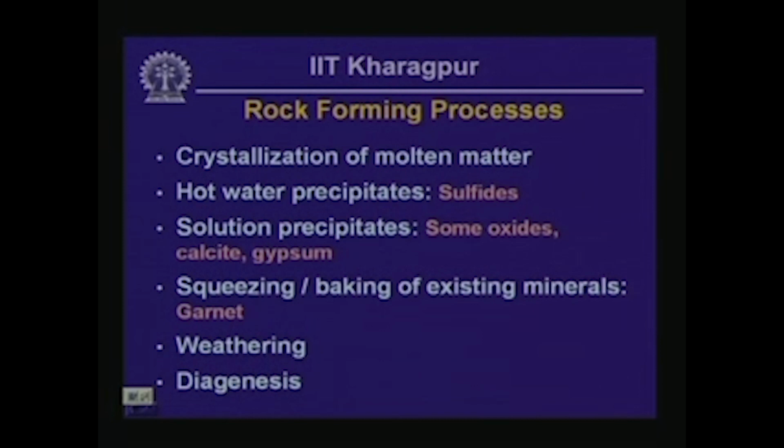Then we have squeezing or baking of pre-existing minerals. We have weathering and deposition and cementation of pieces of pre-existing rock. These are the main classes of rock forming processes that are important.